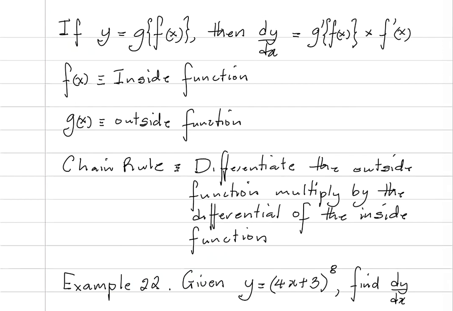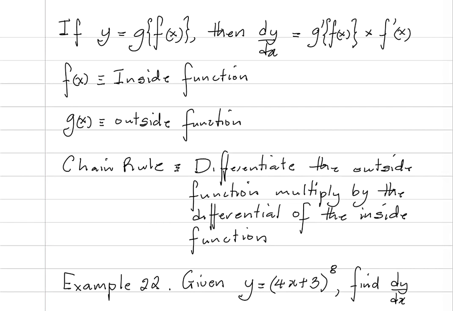Or if y is equal to g of f of x, then dy by dx would be equal to g prime of f of x multiplied by f prime of x.